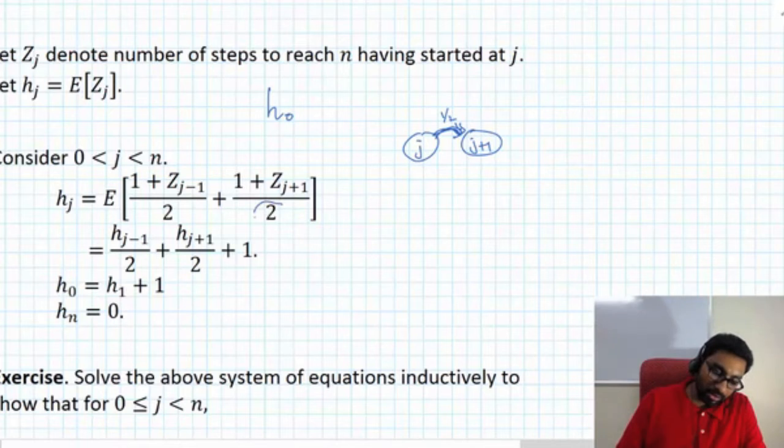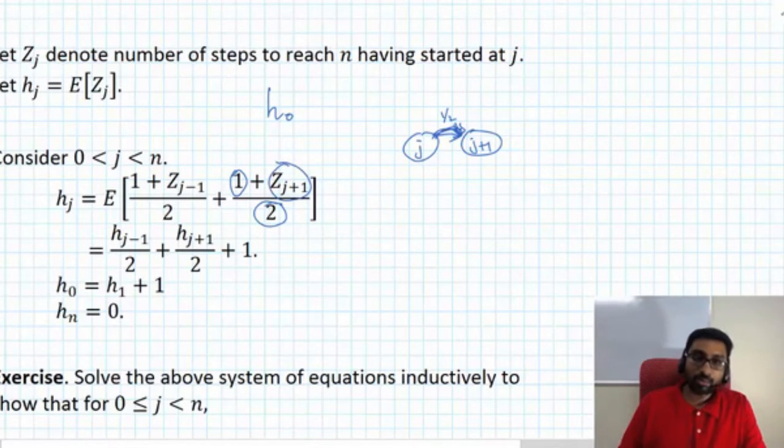So this is the probability half, and with that probability half, we'll make that one step to j plus 1, that's this one over here, and then having reached j plus 1, we're going to take zj plus 1 number of steps to reach state n. So we've counted for half of the probability.